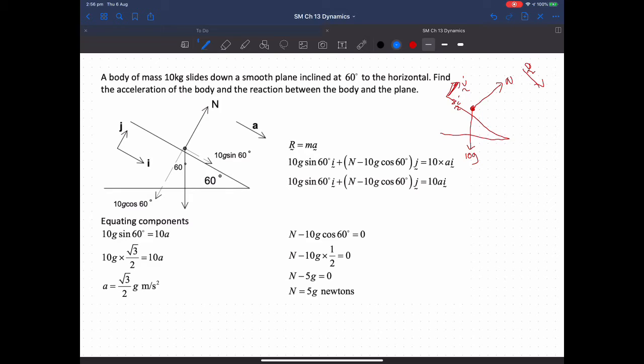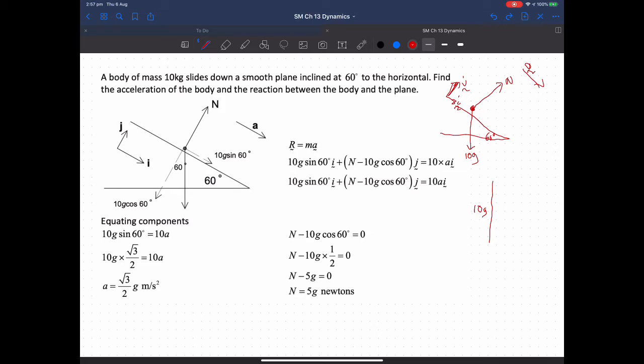Now, we are told the slope is at an angle of 60 degrees. So if I'm going to take my 10g operating downwards, what I'm going to do is draw a new triangle.